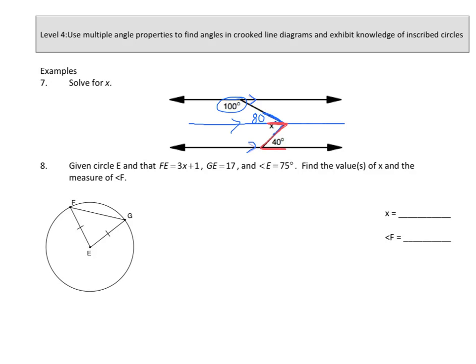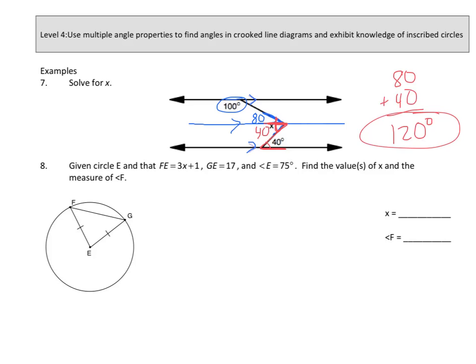If you see this Z shape, these two alternate interior angles are the same. So this would be a 40-degree angle. And then to find the measure of angle X, I'm going to add the 80 and the 40 together, and we get 120.